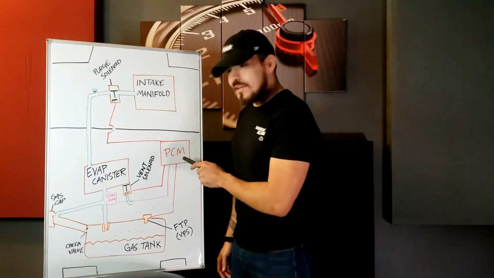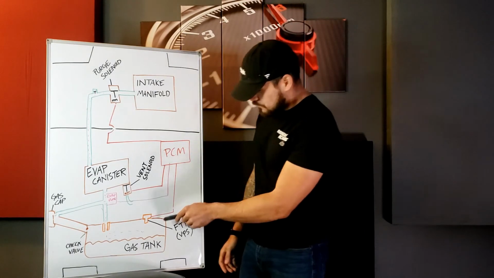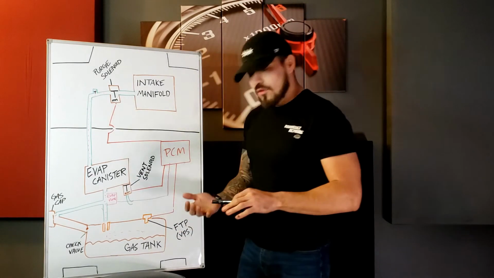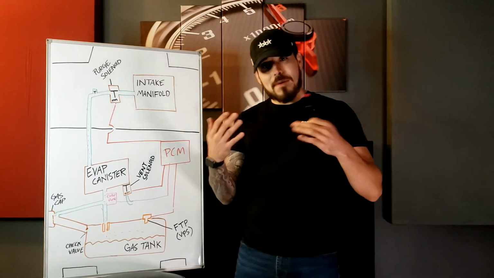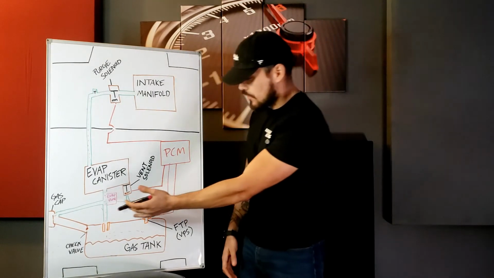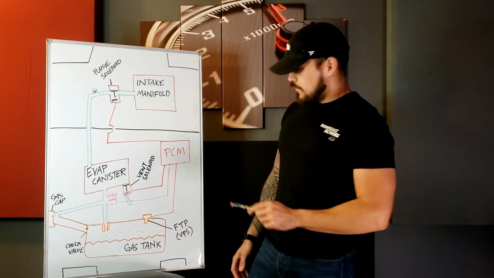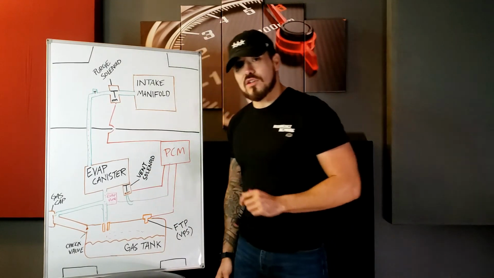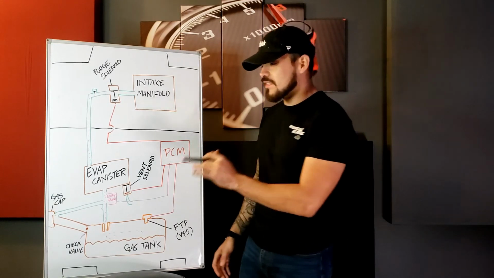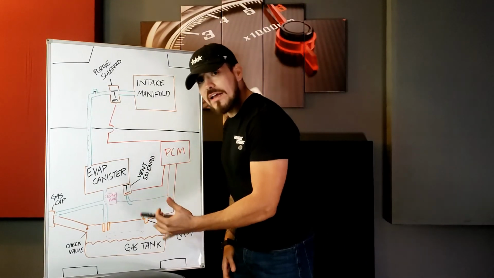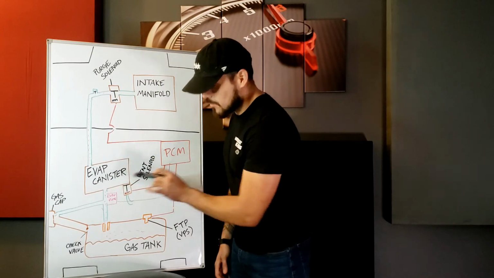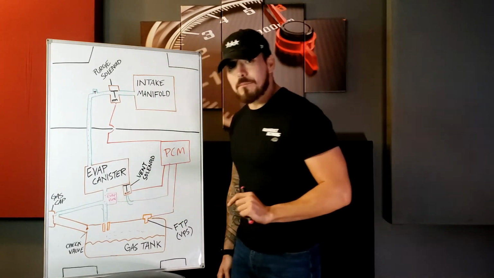Well, once the PCM has determined the decay rate, or has passed the decay test, whether with pressure or with vacuum, the PCM is then going to open the vent solenoid. Taking into account the system is still either under vacuum or under pressure, whether you have the EVAP pump or not.